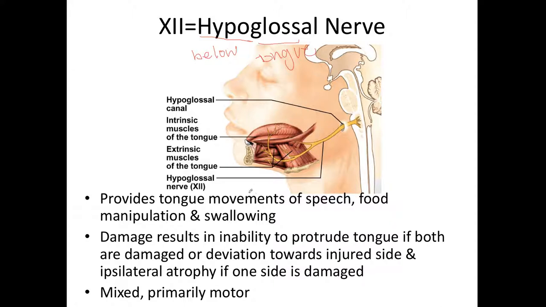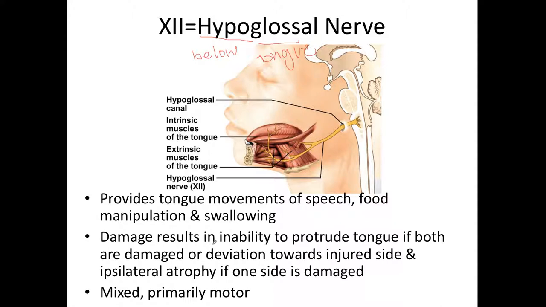So the hypoglossal nerve innervates, as you might expect, the bottom of the tongue. This is involved in tongue movements. It's mixed, but it's primarily a motor nerve that controls the skeletal muscle making up your tongue.